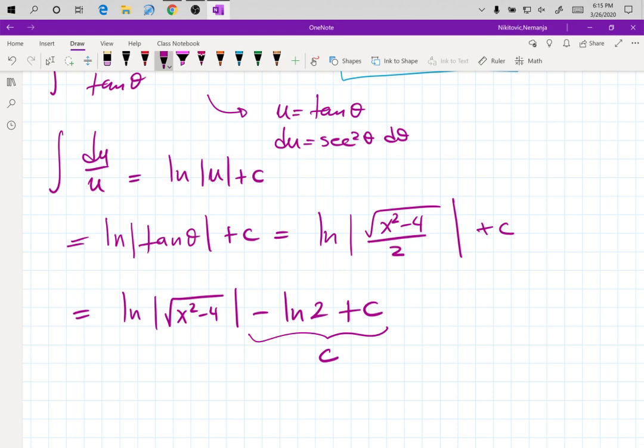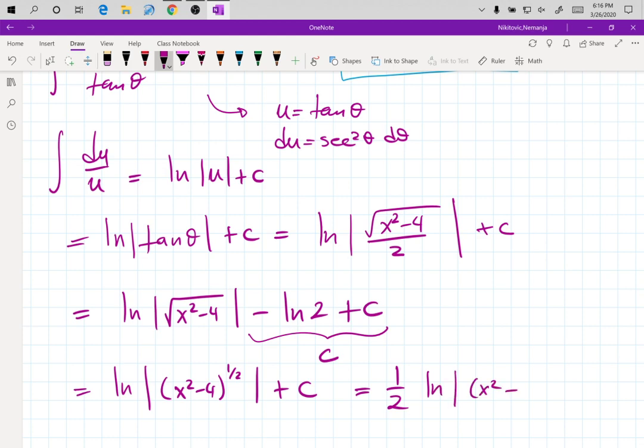And this becomes ln of (x squared minus 4) to the 1/2 plus some constant c again, because that ln 2 is a number, it gets absorbed. And 1/2 jumps in front, and there is the same answer. I need these parentheses.